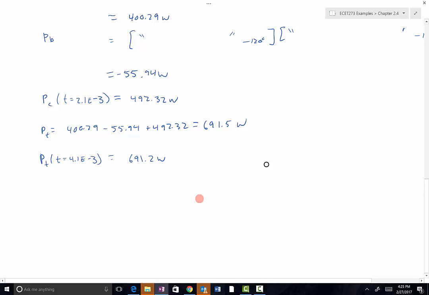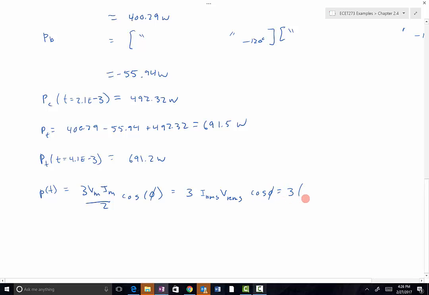So we were asked to compare that with the calculation that was given in class, or the formula that was given in the textbook, that the instantaneous power is just 3 times Vmax Imax over 2 cosine of the angle between voltage and current. So that's going to be 3 times IRMS VRMS cosine phi.